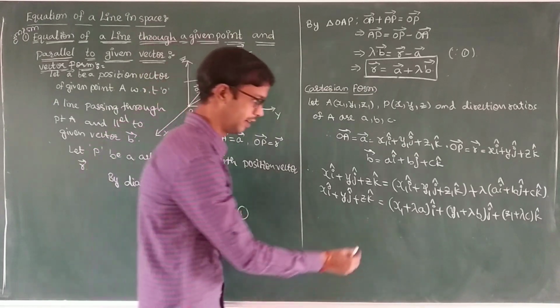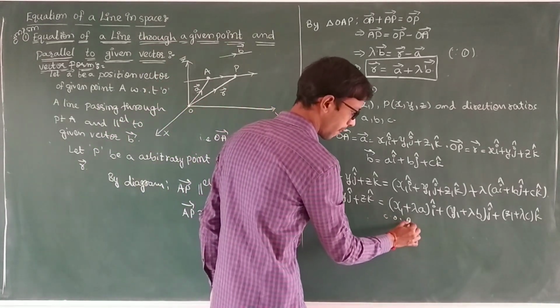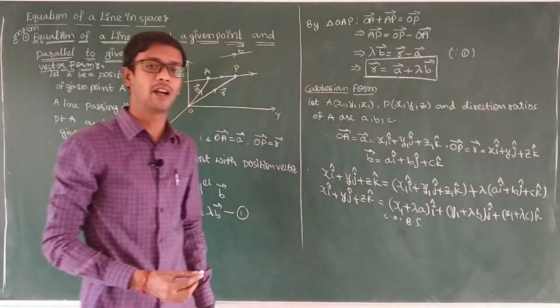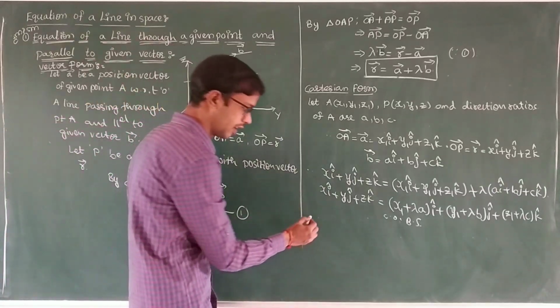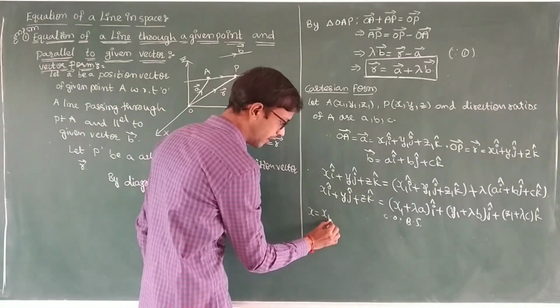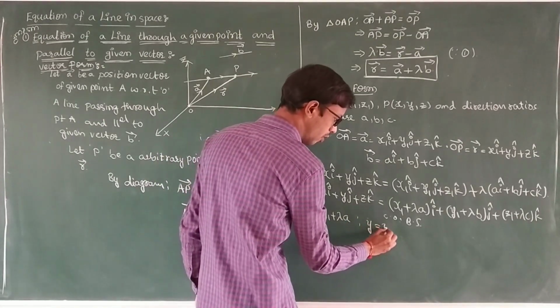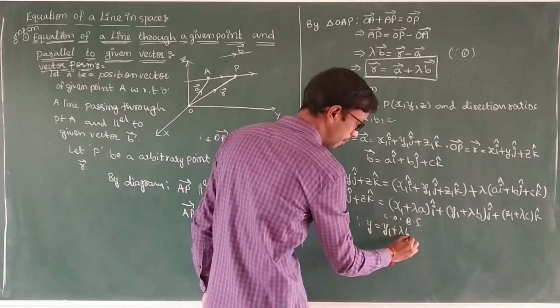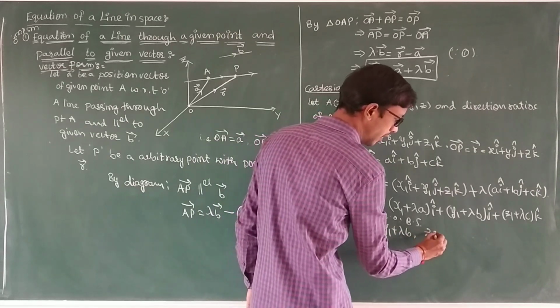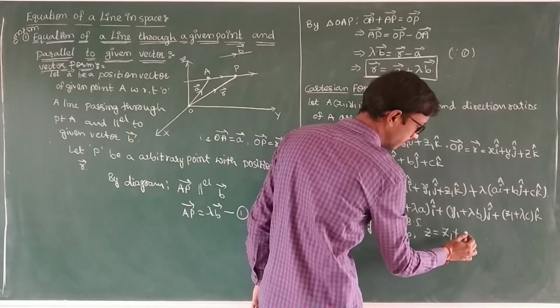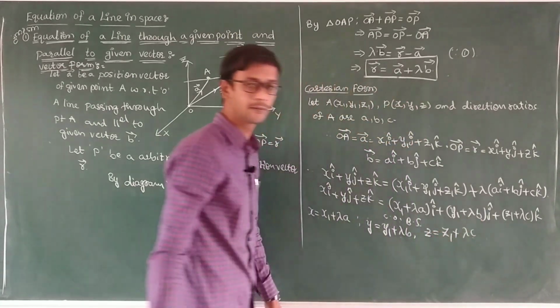Comparing on both sides, x is equal to x1 plus lambda a, y is equal to y1 plus lambda b, z is equal to z1 plus lambda c.